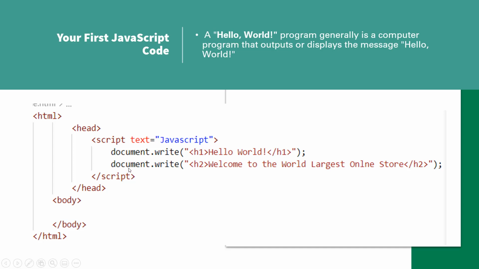And you may choose to write another thing, document.write welcome to the world's largest online store. So this is a simple code, and I'll want us to try it. So what you just do is you go to your HTML editor, whichever one you use, and just quickly type this code, very simple code, and then you will run your first JavaScript code.